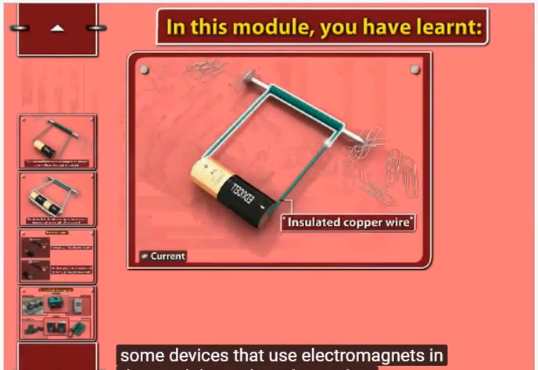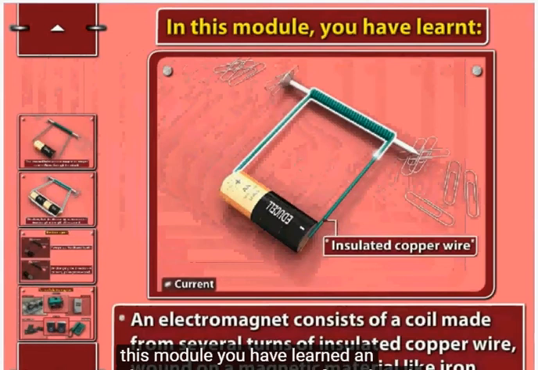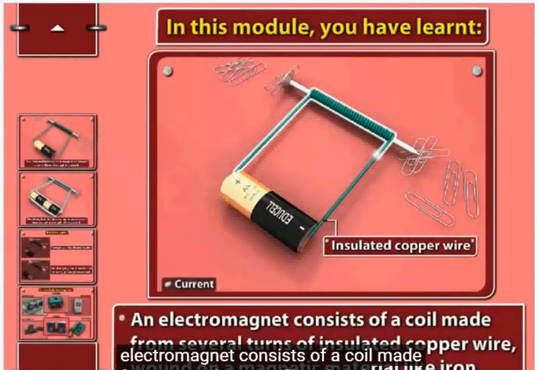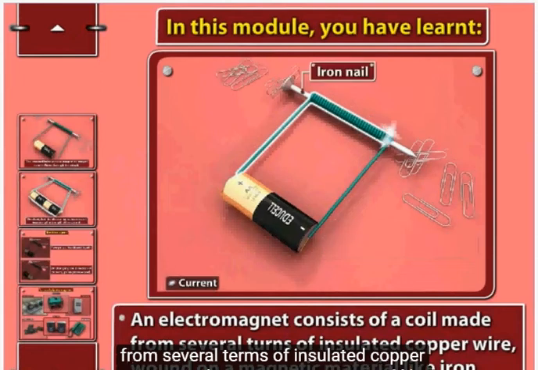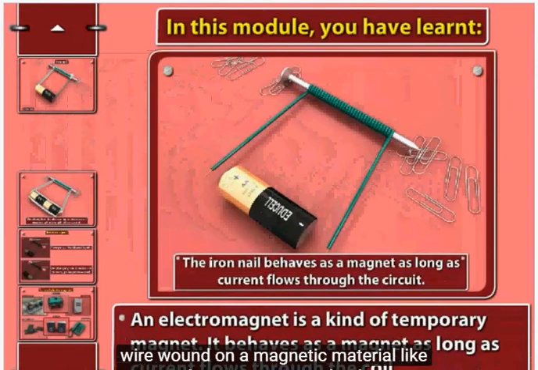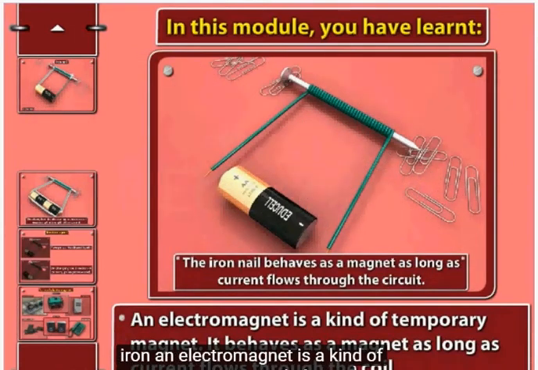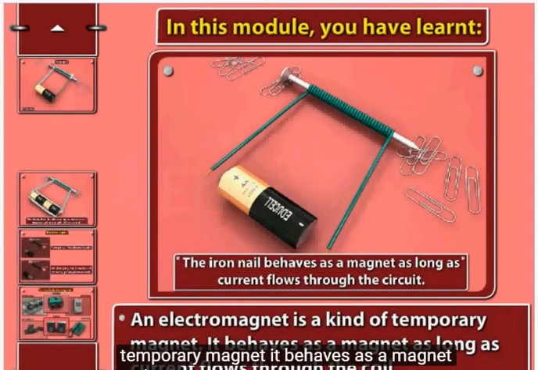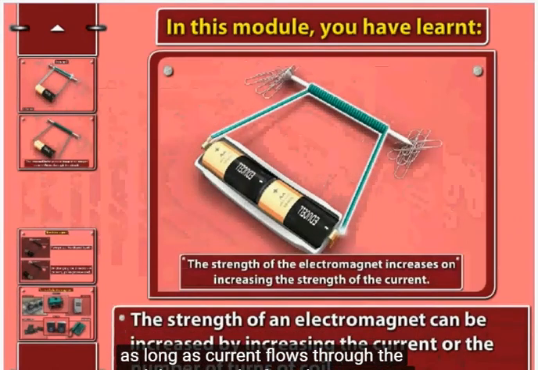In this module, we have learned that electromagnets consist of a coil made of several turns of insulated copper wire wound on magnetic material like iron. An electromagnet is a kind of temporary magnet. It behaves as a magnet as long as current flows through the coil.